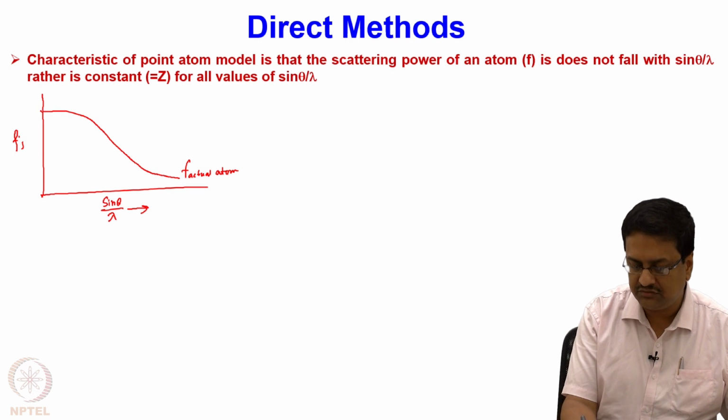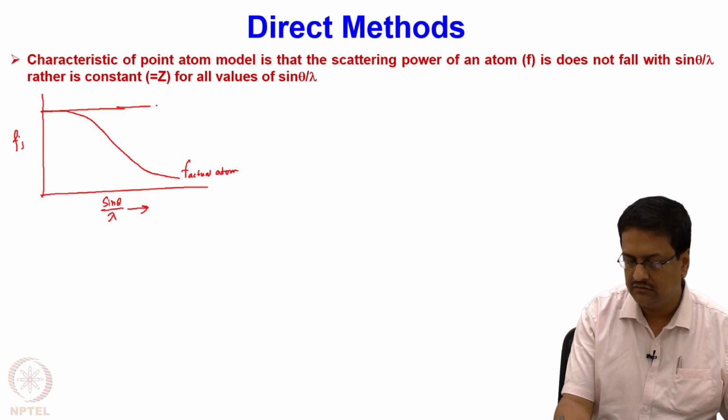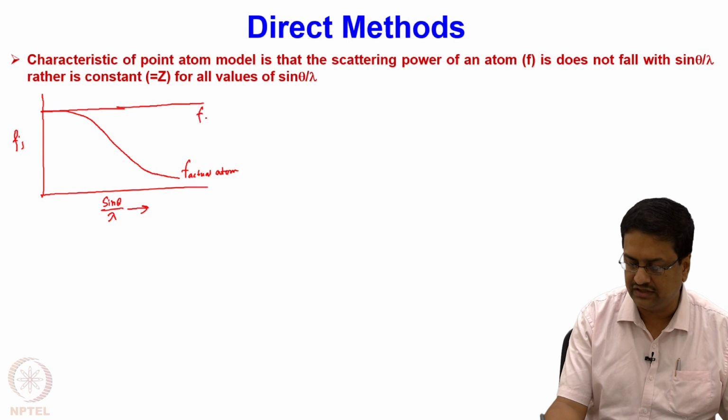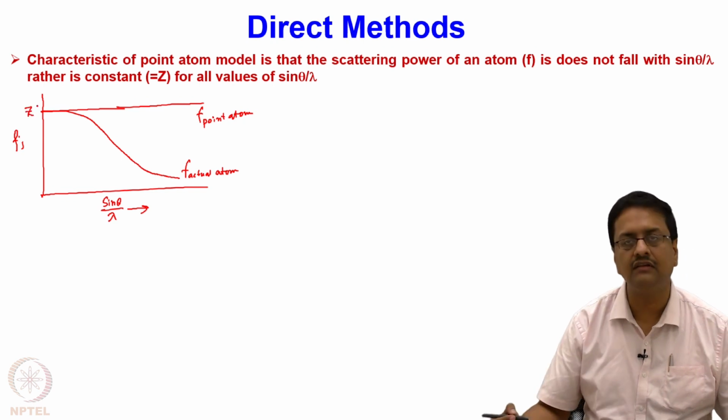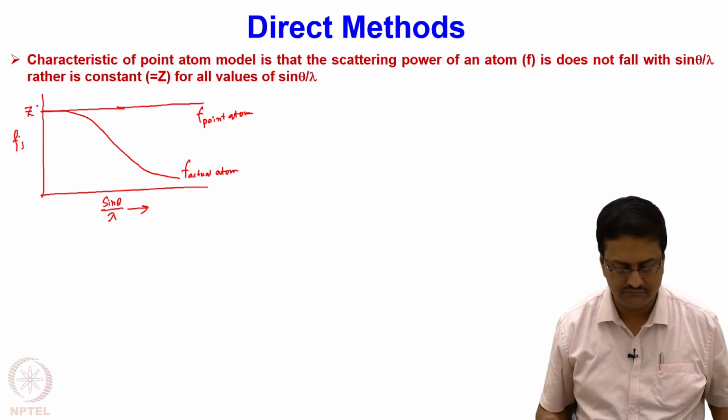But by considering the point atom, the value of f should remain constant, that is f for a point atom should be equal to Z for all values of theta.